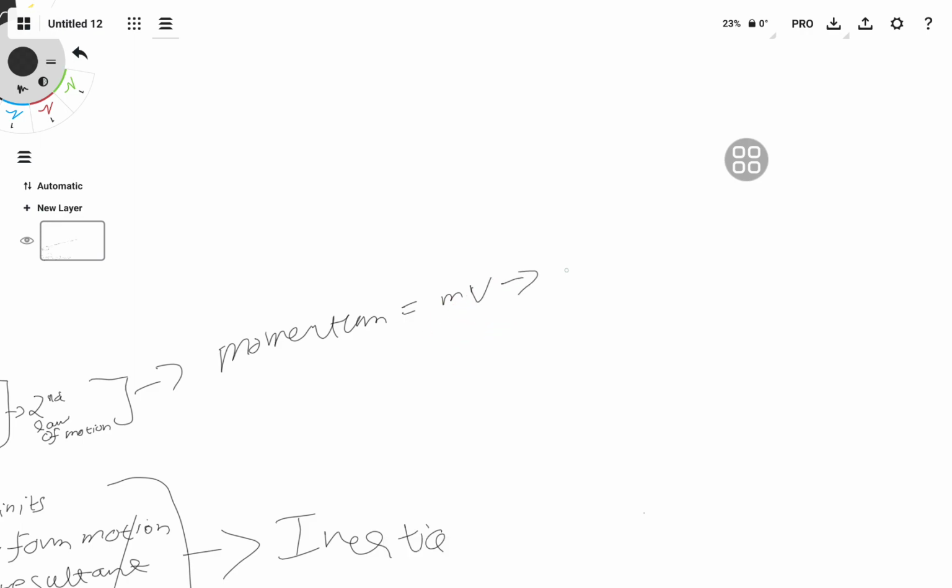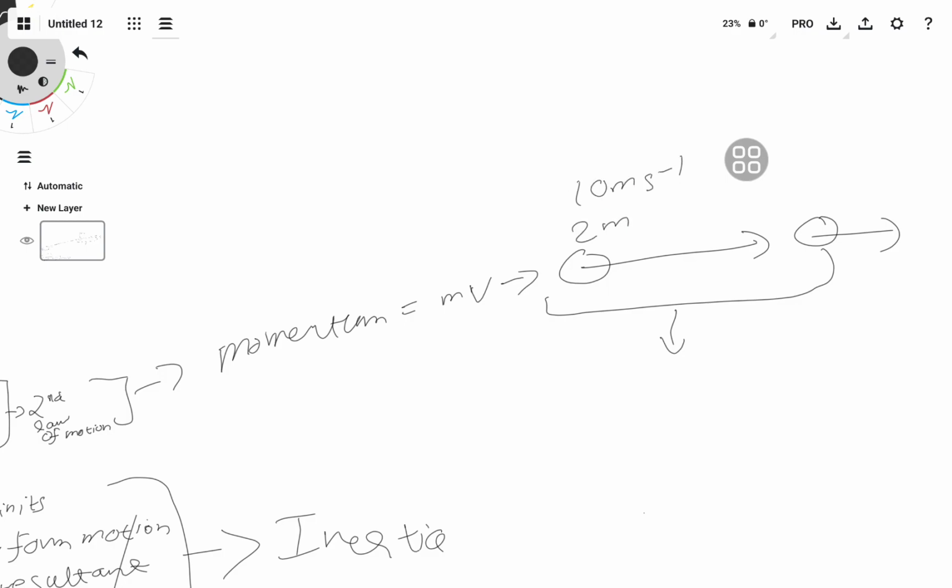Say a body is moving like this and there's another body. For the principle of conservation of momentum in a closed system, the momentum would stay conserved. Like if this is 2m with 10 meters per second, and this is 4m with 0 meters per second, this would move by 5 meters per second and this would also move by 5.